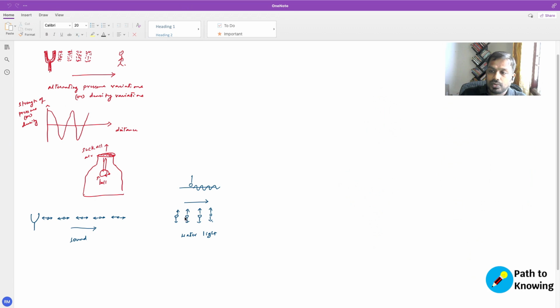We have a name for this: waves where particles move parallel to the propagation of the actual wave, for example sound, we call longitudinal waves.